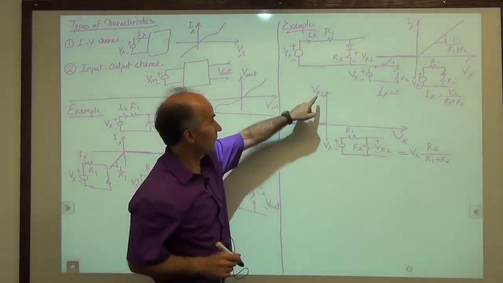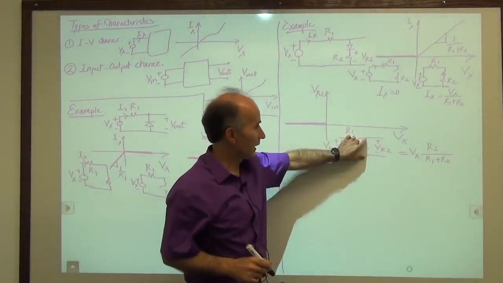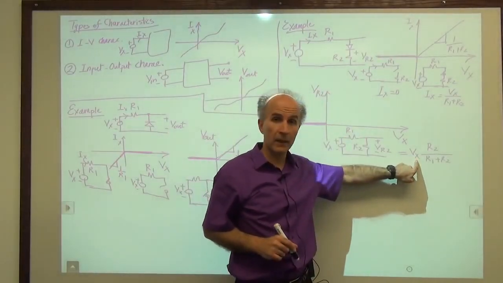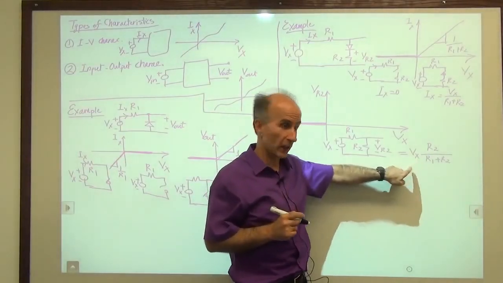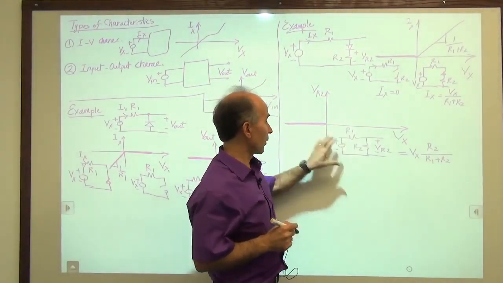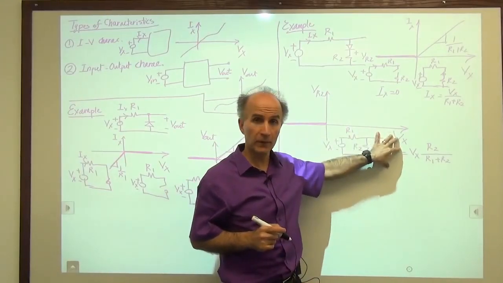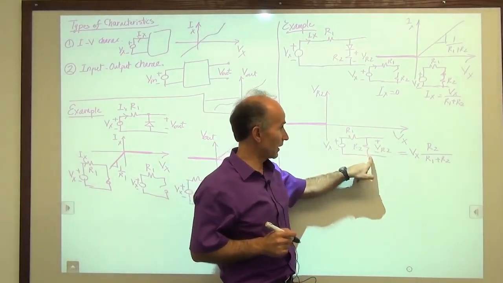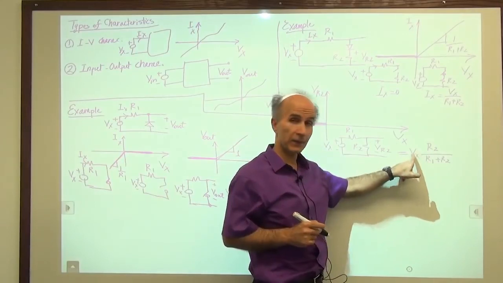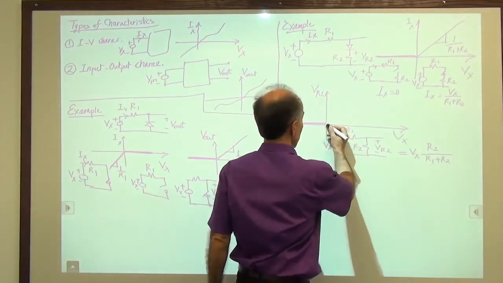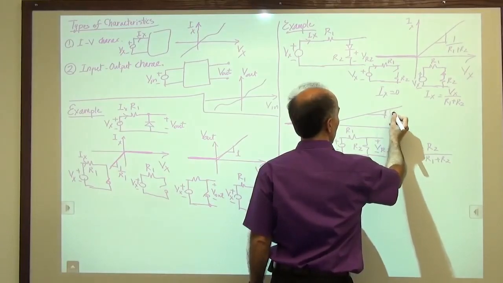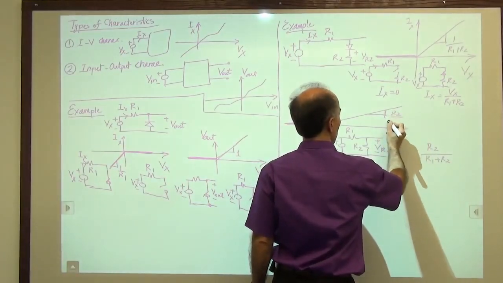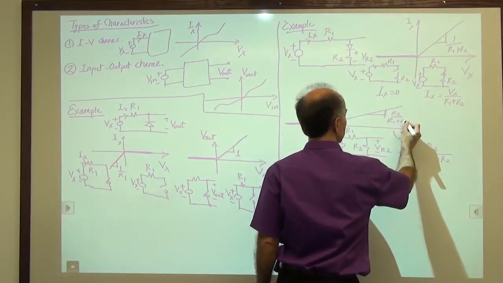So we see that the voltage across R2 is proportional to Vx with a slope less than 1, obviously, right? If the slope were 1, it means that all of Vx is going to the output. But because of this attenuation, we have a fraction of Vx going to the output. So the slope is less than 1, and it is equal to R2 over R1 plus R2.